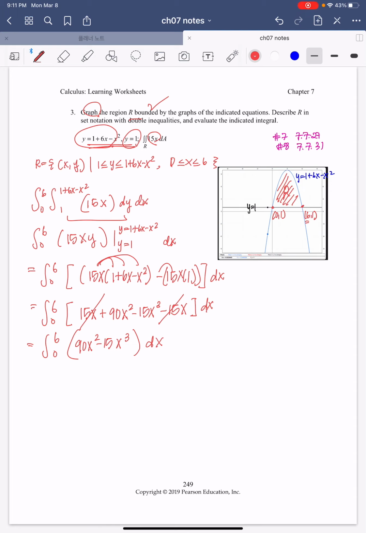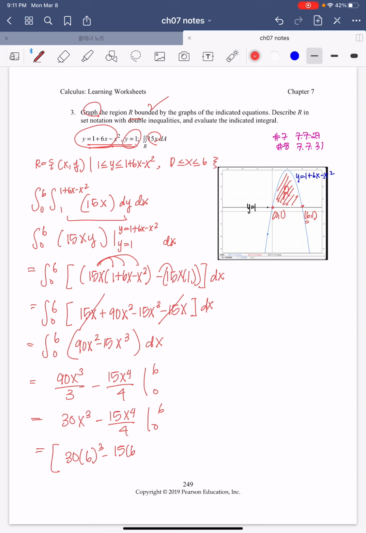Let's keep going. Let's integrate for the second time. So my integration, now gain a power divided by the new power. So 90x cubed over 3 minus 15x to the 4th over 4, from 0 to 6. So 90 divided by 3, that's 30x cubed minus 15x to the 4th over 4, from 0 to 6. So let's see. 30 times 6 cubed minus 15 times 6 to the 4th power divided by 4, minus the rest of them, this is 0 minus 0.